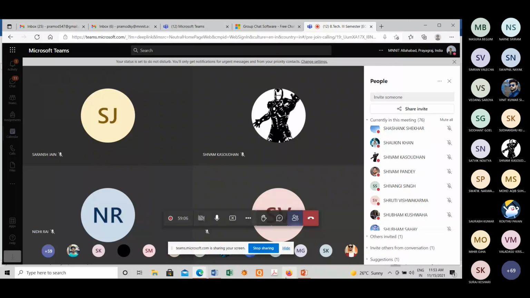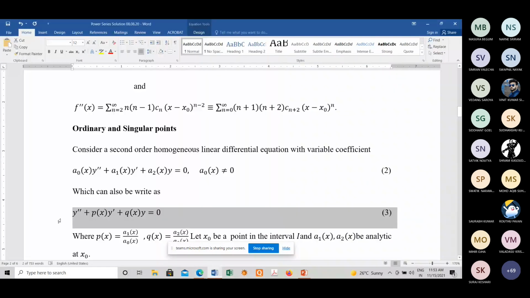How will you see it? You must see the slides. A point x equal to x naught is said to be an ordinary point of the differential equation y double dash plus p x y dash plus q x y equal to 0, if p x and q x both are analytic at the point x equal to x naught.